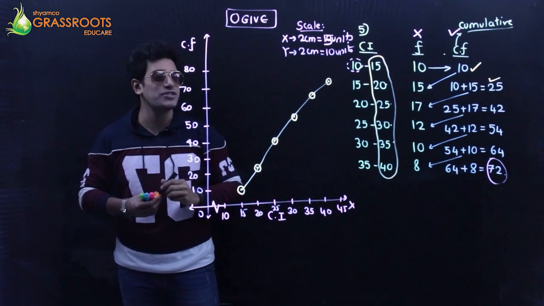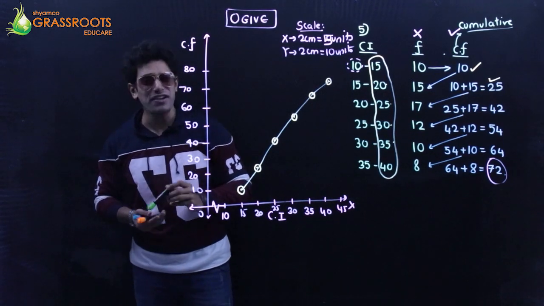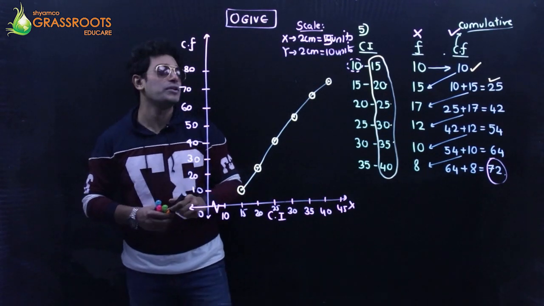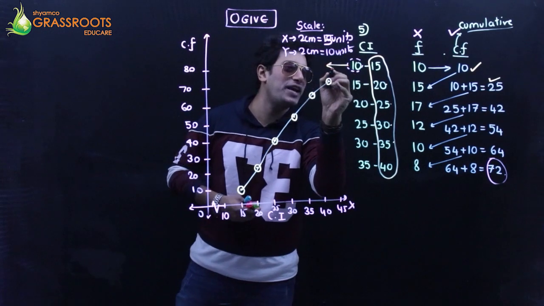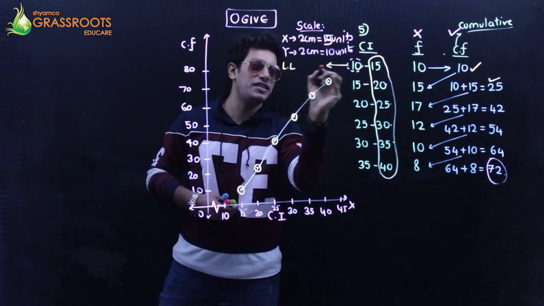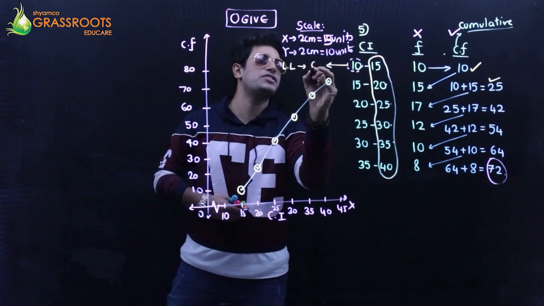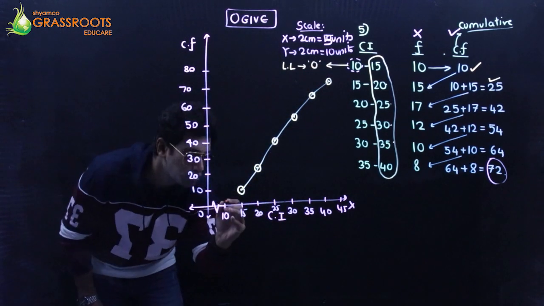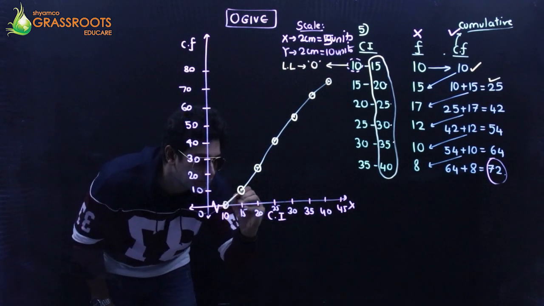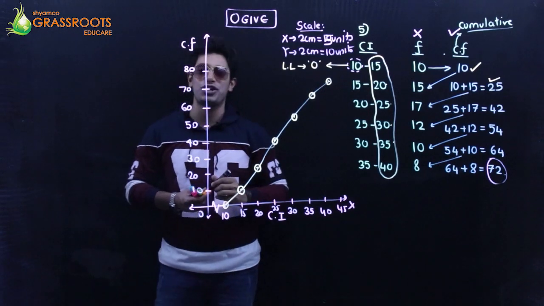Now, this is called an ogive. An ogive cannot be in the air. So always with the lower limit, 10 is the lower limit, it starts from 0. This is my ogive.